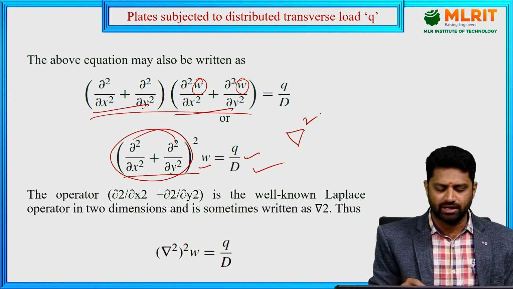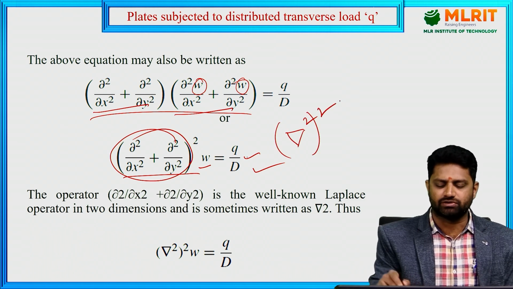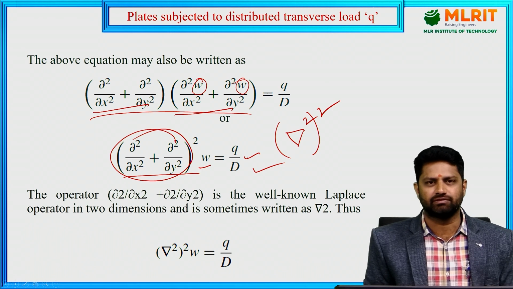So it is delta square whole square of W equals Q by D.